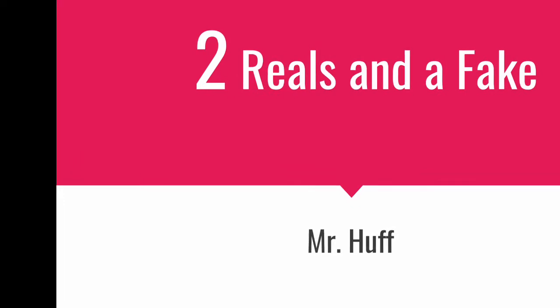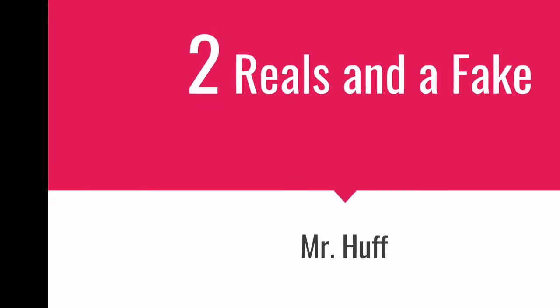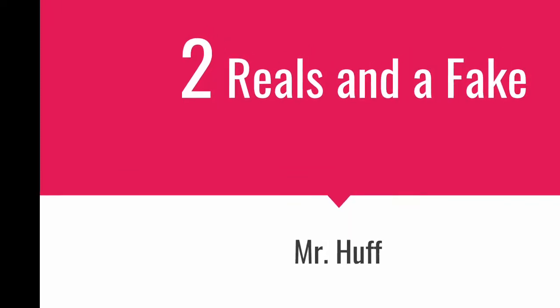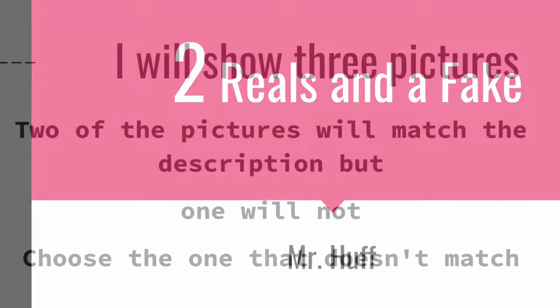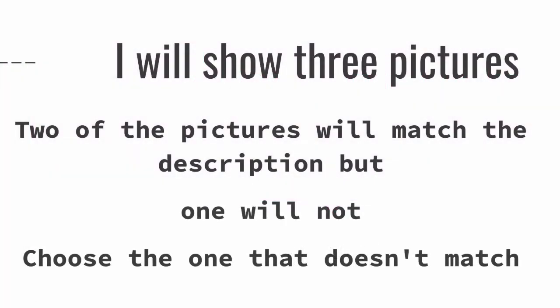Get ready to play 2 reals and a fake. I will show you 3 pictures. 2 of the pictures will match the description, but 1 will not. Choose the fake.